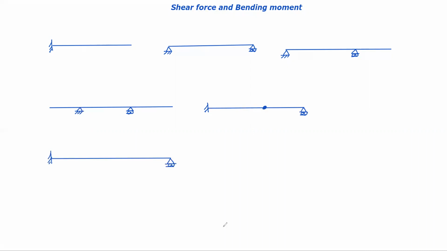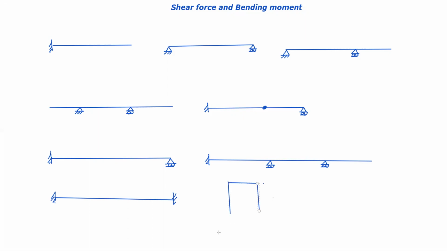This is a propped cantilever, or it may be a continuous beam like this. Or sometimes beams may be fixed on both sides. Or sometimes you can have some frames like this, 2D frames.